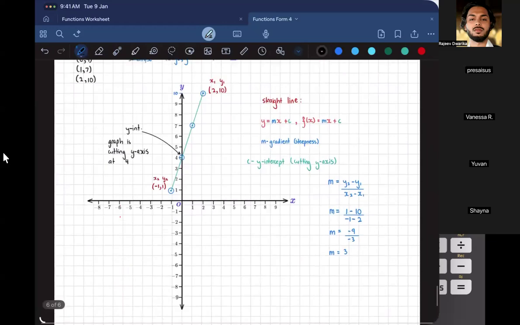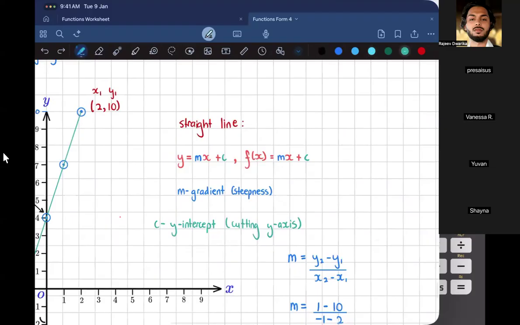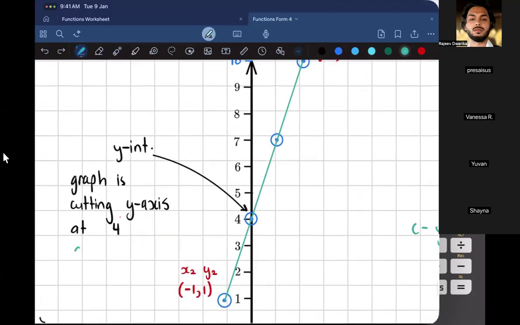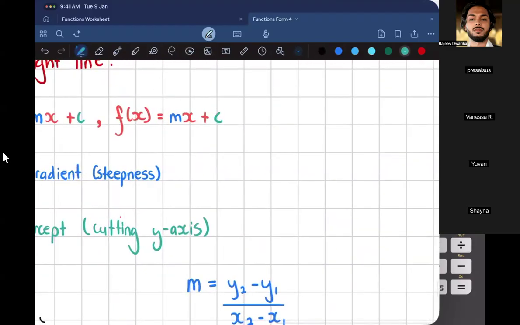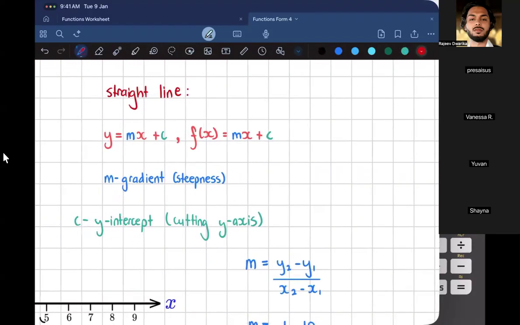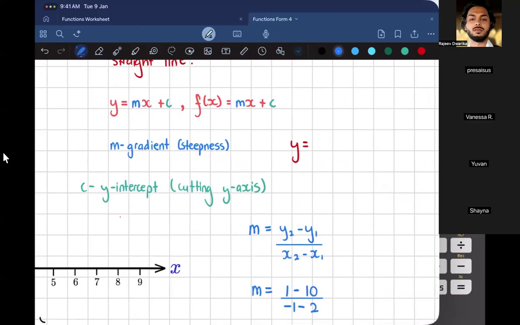And if I put everything together in this form, I would get y is equal to, what did I find m was? M was 3. And plus c, we found c to be 4.